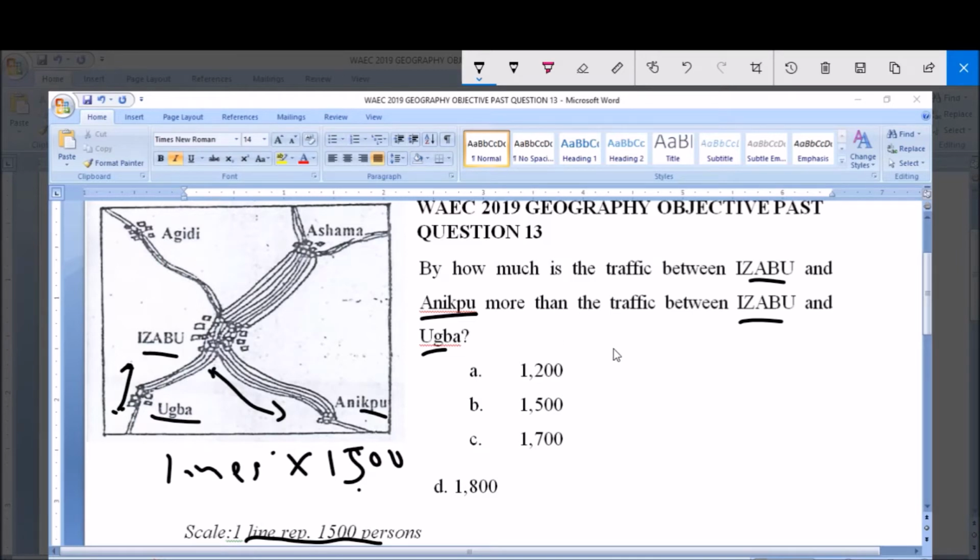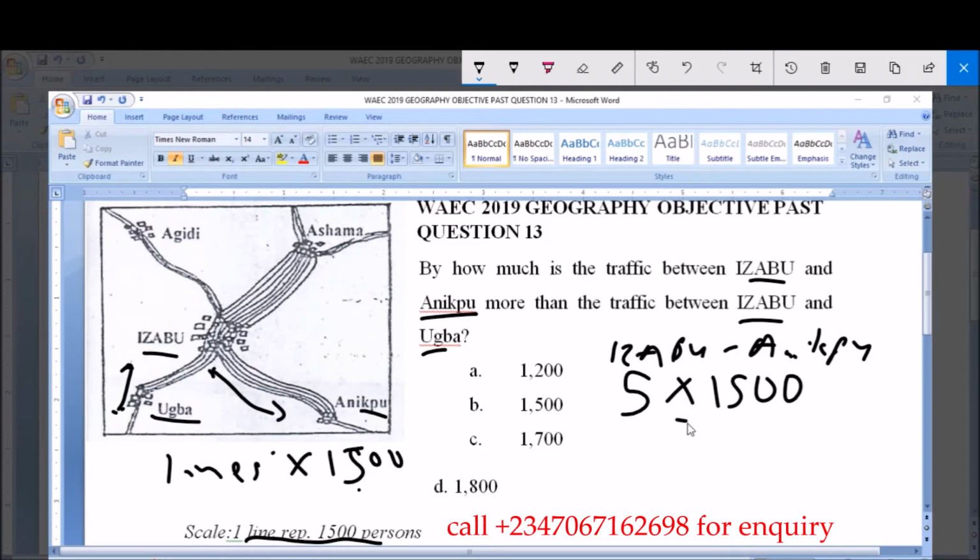So Izabu to Anipu is 5 lines, and 5 multiplied by 1,500 is equal to 7,500.